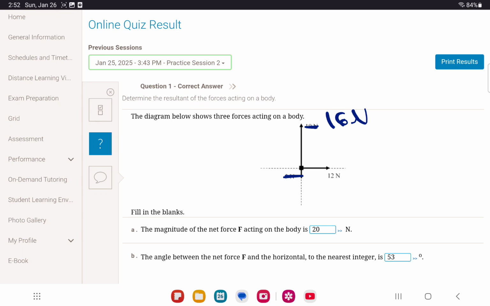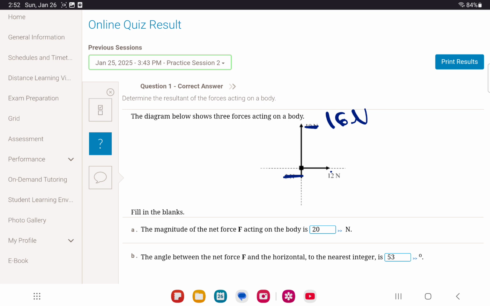Because we have 2 different values going up and to the right, you can't cancel them because they're in very different directions. Up and down, because they're opposite directions, you can cancel one of them out. But up and to the right, they're completely different, so you can't cancel them out.